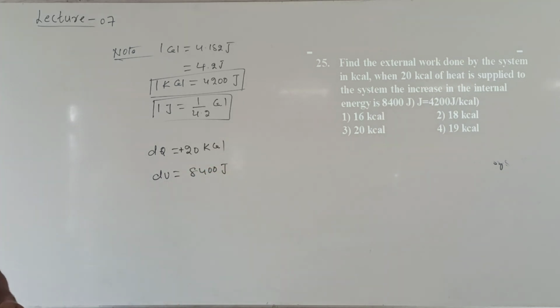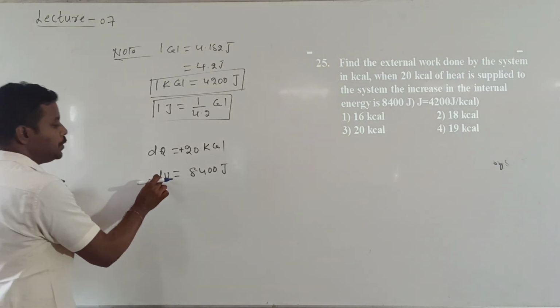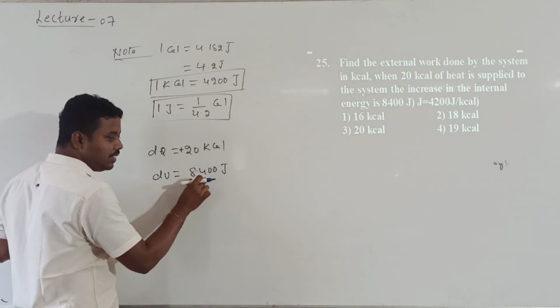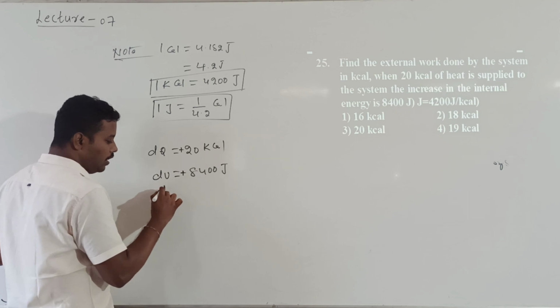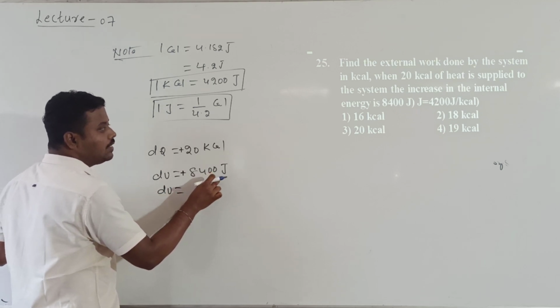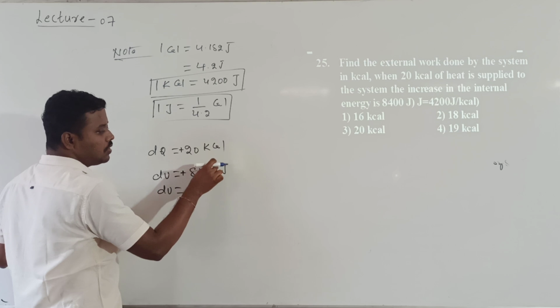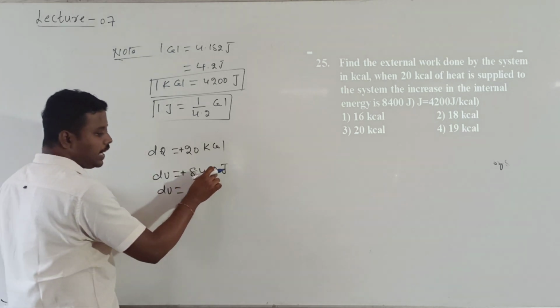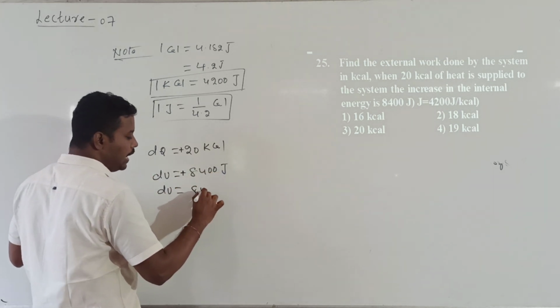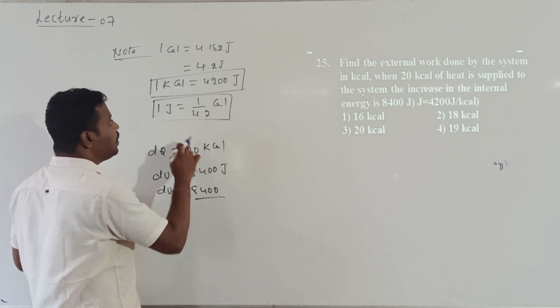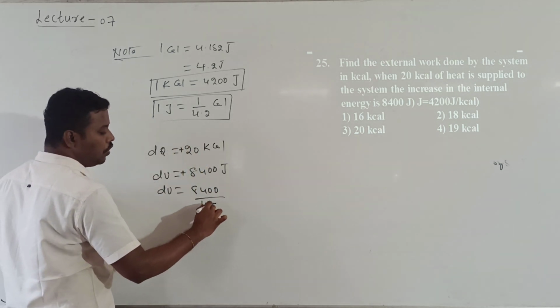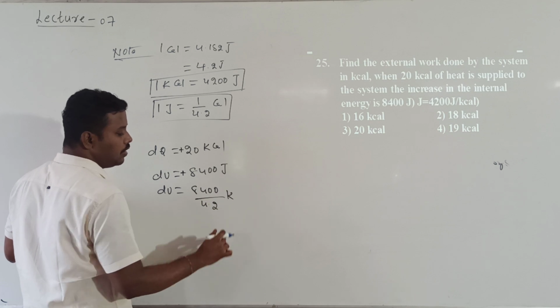If internal energy increases, dU is positive. The answer is asked in kilocalories, so I have to convert it: 8400 divided by 4.2 calories.